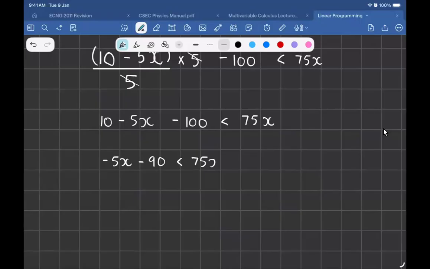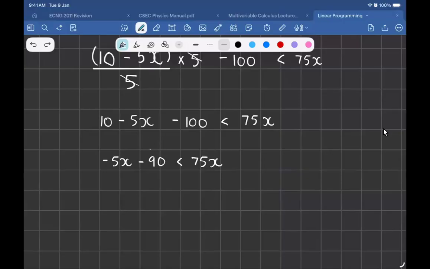You want to move across minus 5x? Oh, right, we will keep it on the left side.